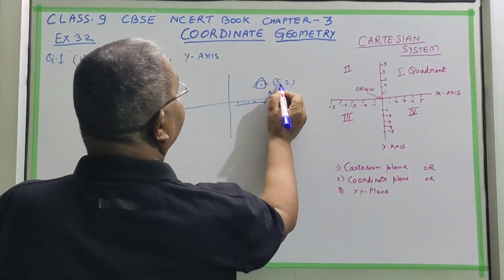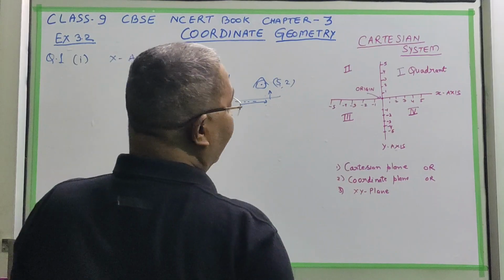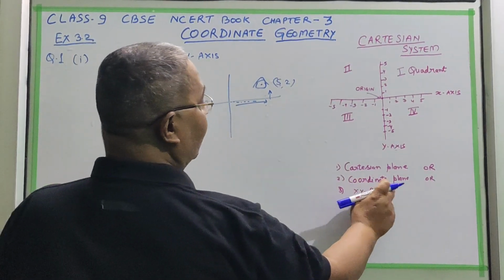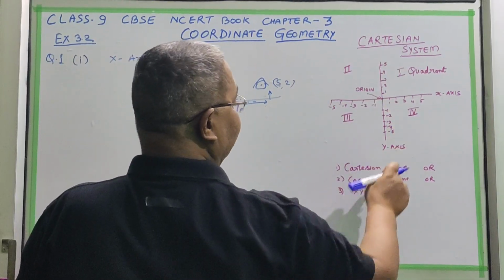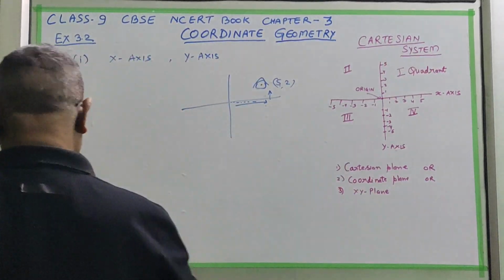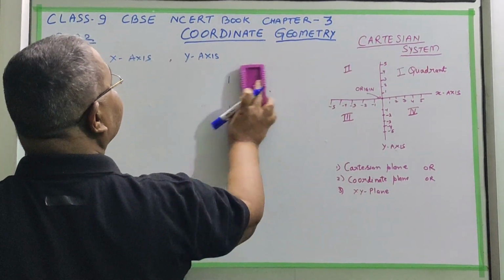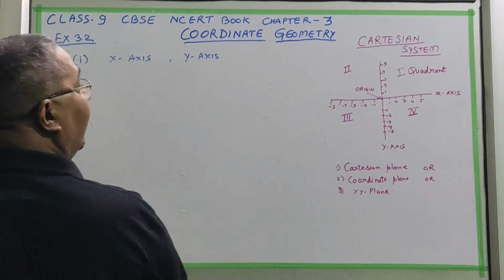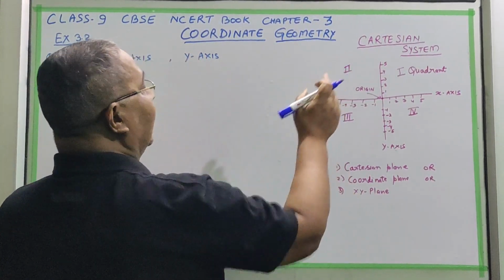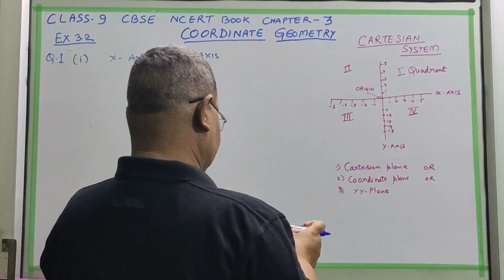These are known as the coordinates. That's why it is named the coordinate plane, or the XY plane. So the first question is over.